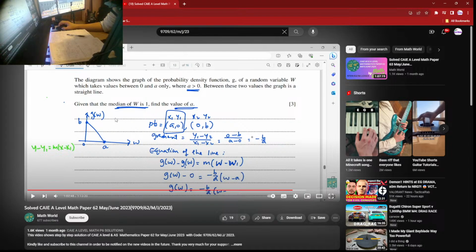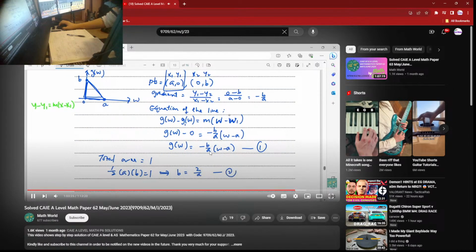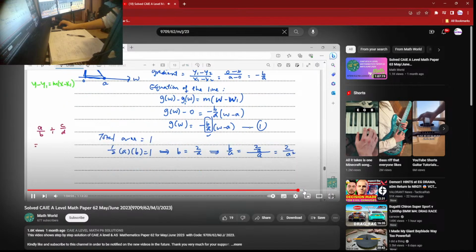So we use W for, oh yeah, we have it. We're using this value and this value. So this is my GW. So that's the equation of the line. Okay, so I think I can try and continue from that.